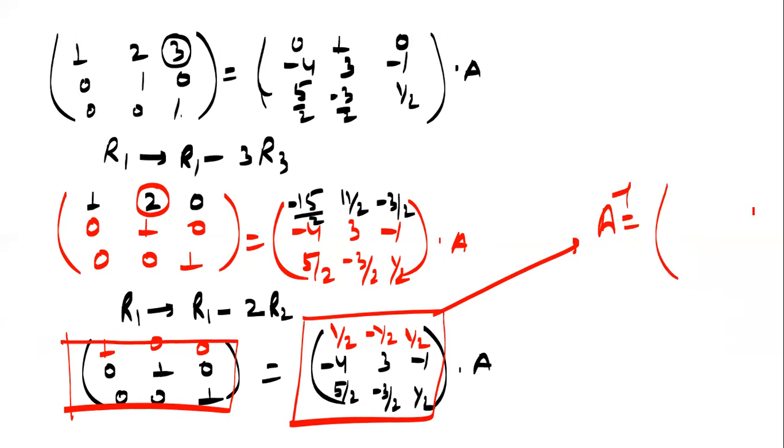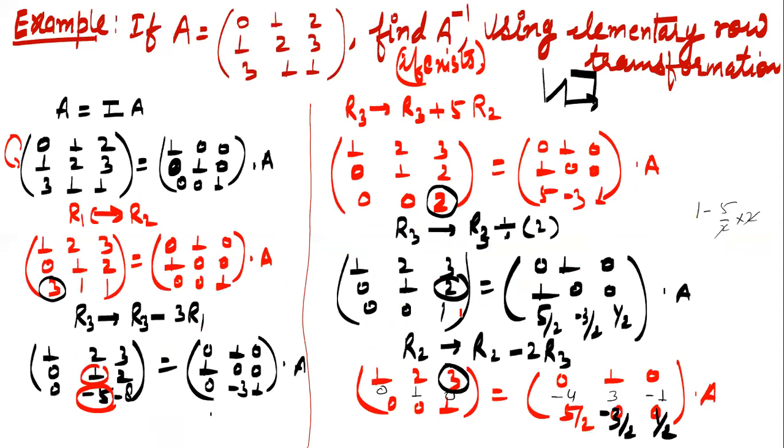A inverse will be this: 1/2, minus 1/2, 1/2, minus 4, 3, minus 1, 5/2, minus 3/2, 1/2. This is the required inverse. And we can see whatever operation we do, we use only row. No column will be used anywhere.